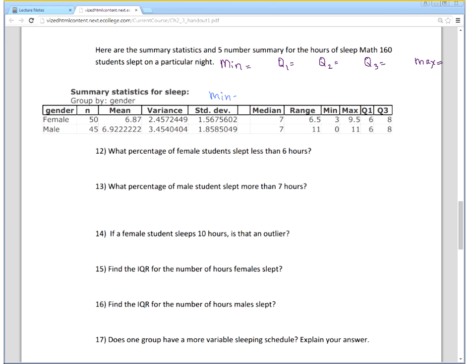So then for males, you're looking for the minimum, the first quartile, the second quartile, the third quartile, and then the maximum. Okay, so you're looking for that 5-number summary looking at this table. And then once you find that out, go ahead and answer the other questions. All right, so I'm going to give you some time to do that.